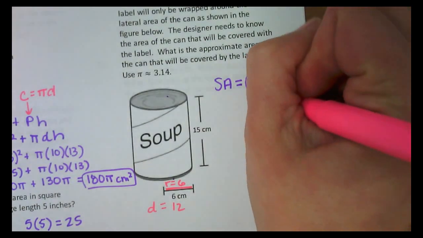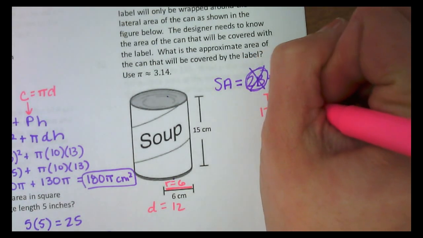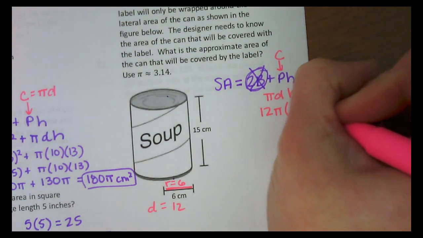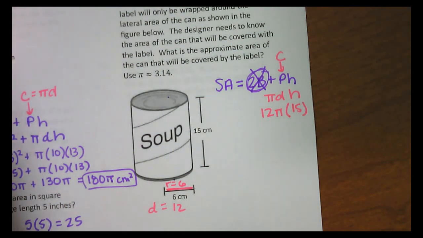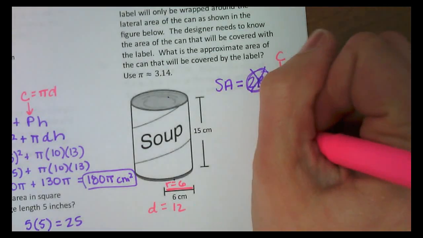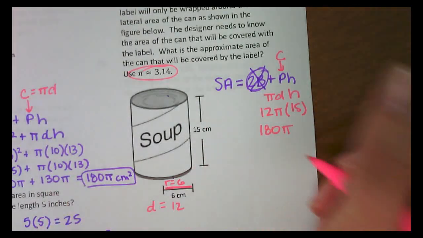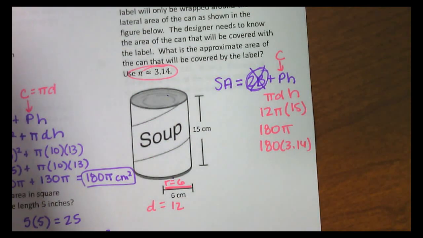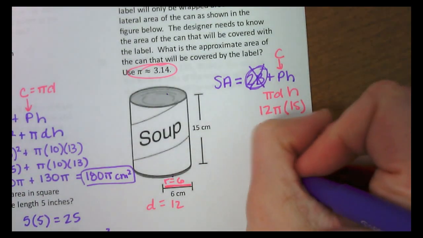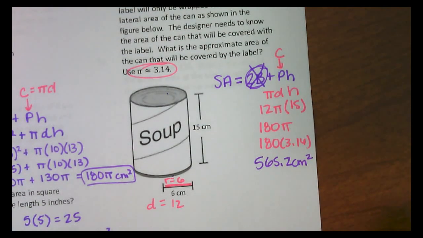So I'm going to fill in pi times diameter, so 12 pi, and the height is 15. I'm going to multiply my 12 and 15, and I get 180 pi. It says use 3.14, so 180 times 3.14. So 565.2, and this is centimeters squared.